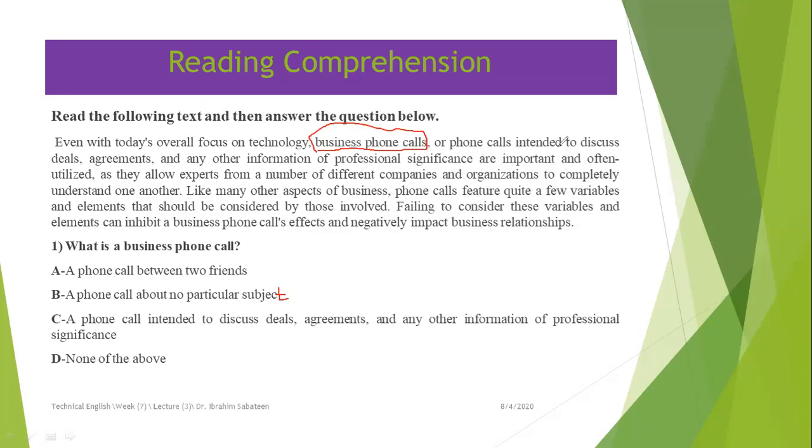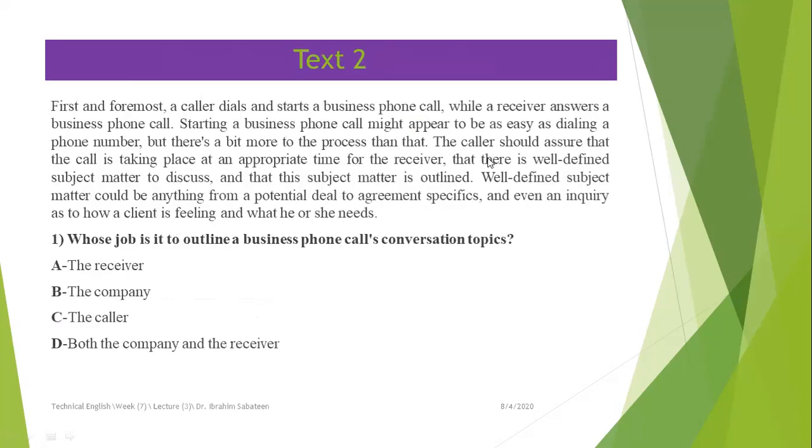A phone call is intended to discuss deals, agreements, and any other information. This helped me to decide which one is correct. So the correct answer is C. Let's move to text 2. هروح على text 2.